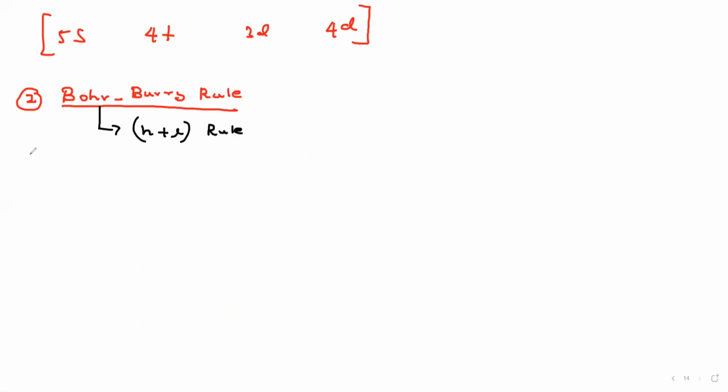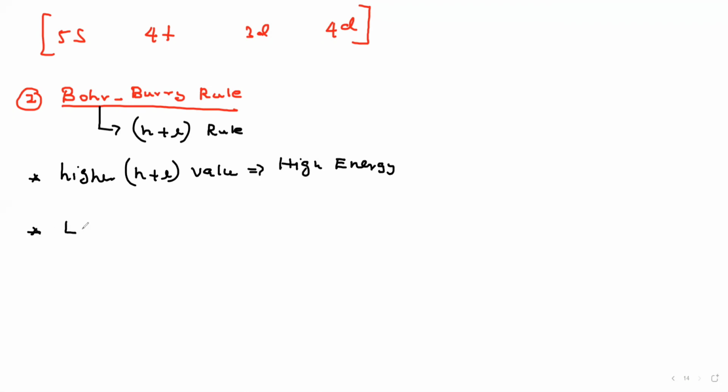Now see, first point, very important. The higher the n plus l value, the higher the energy. And second, the lower the n plus l value, the lower the energy.